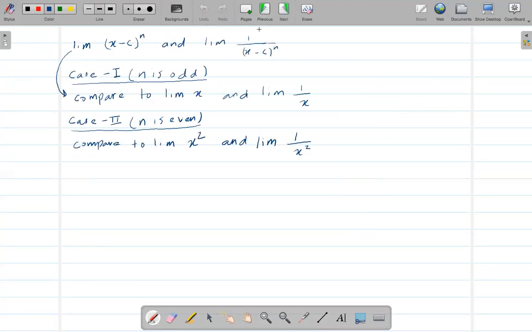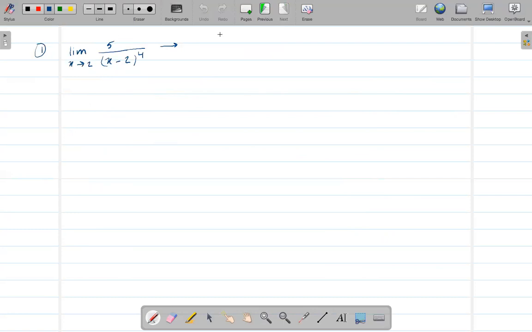Okay, so let's see an example. Let's find the limit of 5 over (x minus 2) to the power 4. This is similar to this condition. Here we have 1 on the top, but here we have 5, but that doesn't make a difference. As long as we have just a number on the top, it doesn't matter.